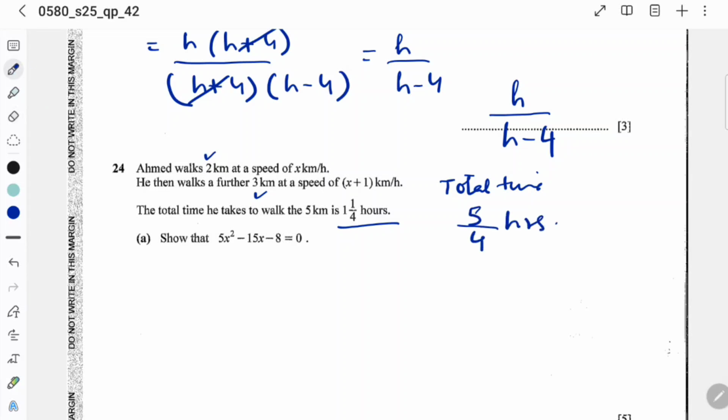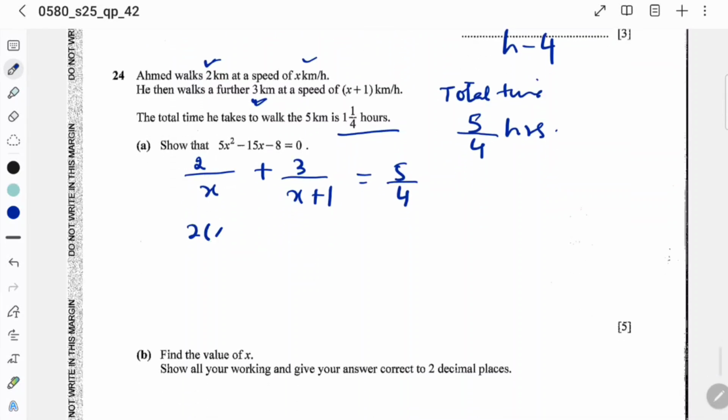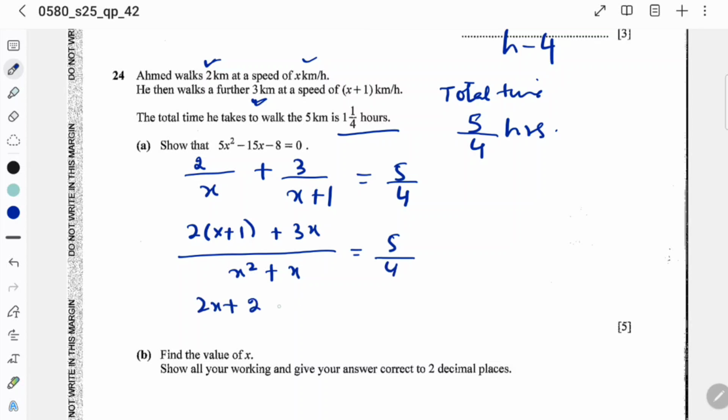We'll have to show this equation, 5x square minus 15x minus 8. Time is equal to distance upon speed. Distance upon speed, the first one, 2 upon x. The second one, 3 upon x plus 1. And the total time is 5 upon 4. We'll have to simplify this: 2 times x plus 1 plus 3x upon x square plus x, equals 5 upon 4.